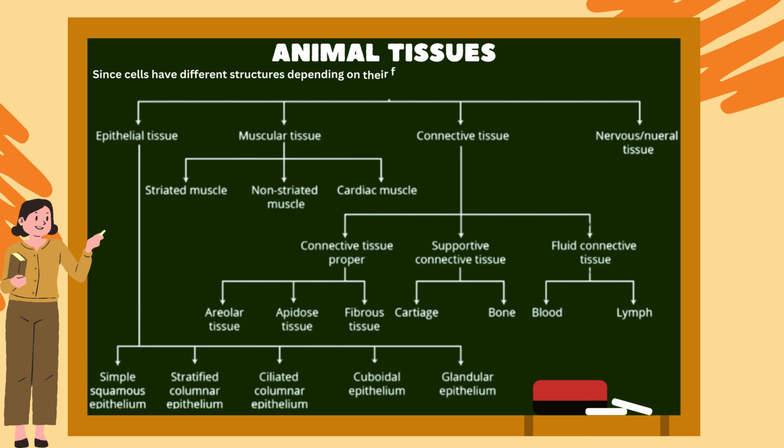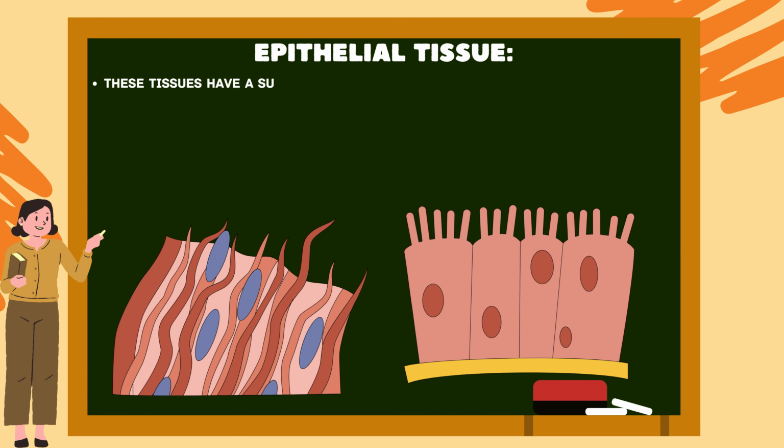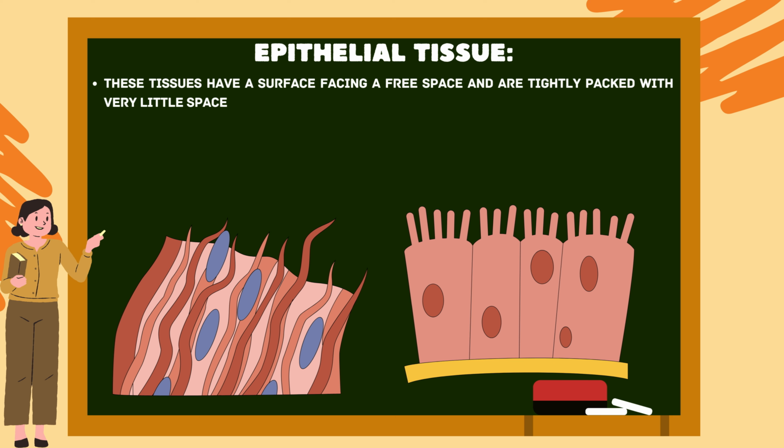Cells have diverse structures based on their specific functions, allowing tissues to be broadly classified into the following categories. See the image. First one is epithelial tissue. These tissues have a surface facing a free space and are tightly packed with very little space between cells.